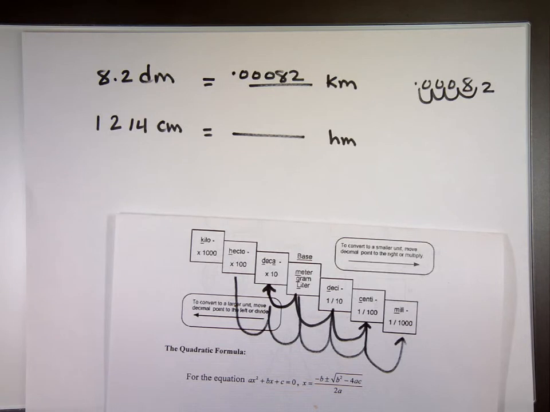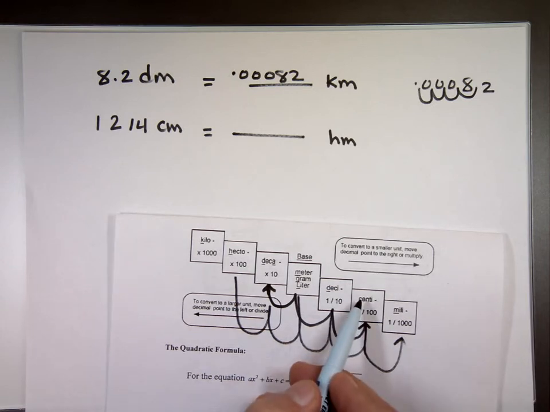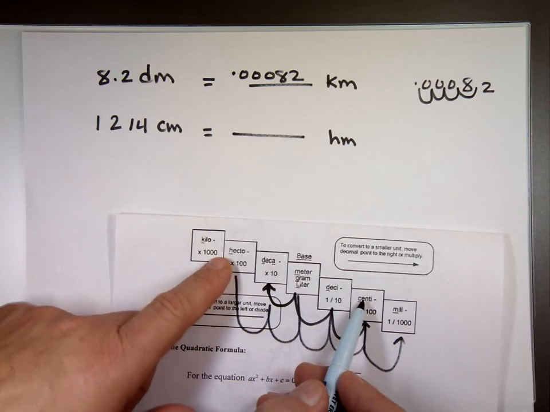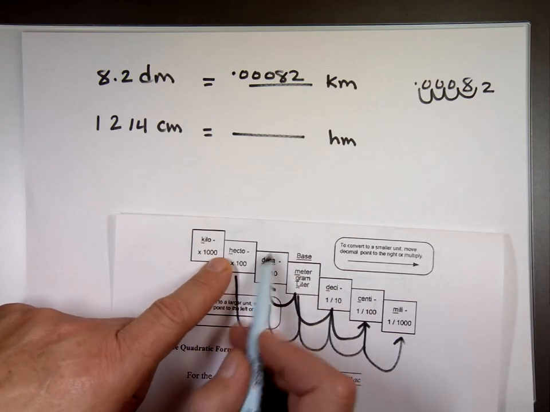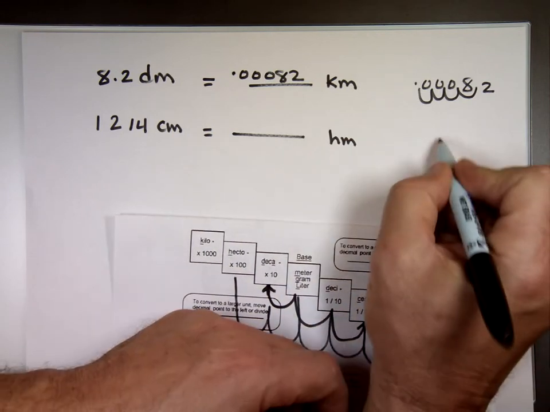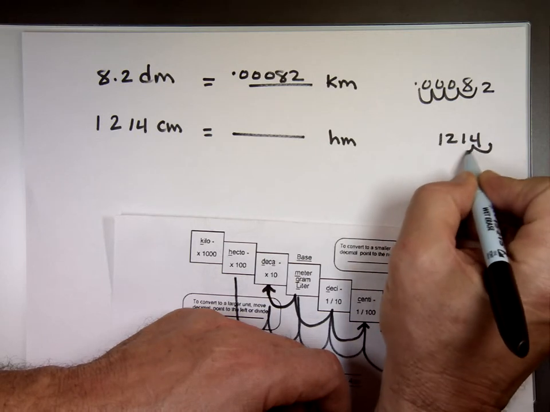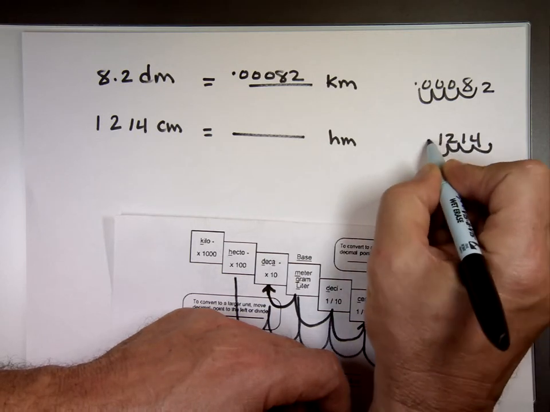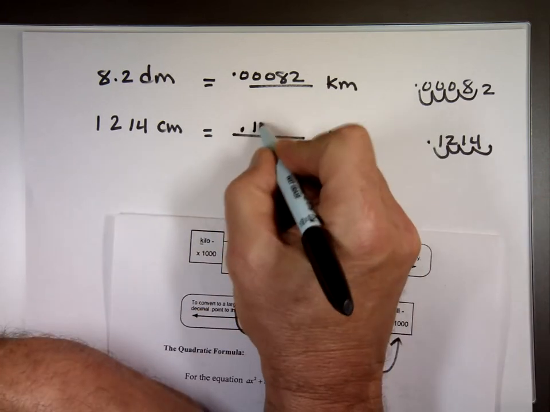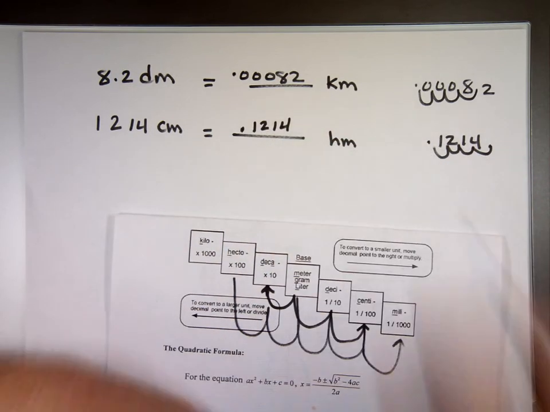So which way are we going to move the decimal point? How many places? You're at centimeters right here when I go to hectometer. 1, 2, 3, 4. Move it 4 places. 1, 2, 3, 4. 0.1214 hectometers.